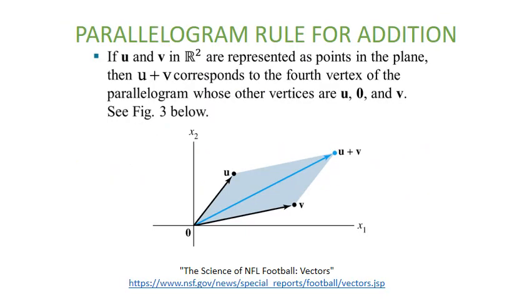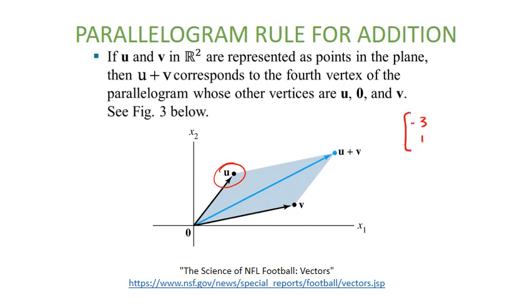There is a parallelogram rule for addition, which is stated here, but basically what I've shown you is vectors can be graphed. And I'll show you this in the next slide a little bit, but basically the vectors that are given to us correspond to an ordered pair. Well, I'll just show you here.